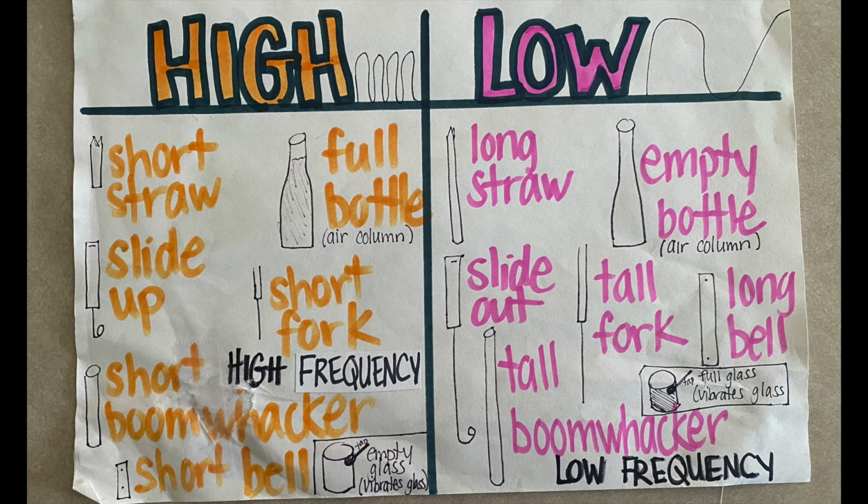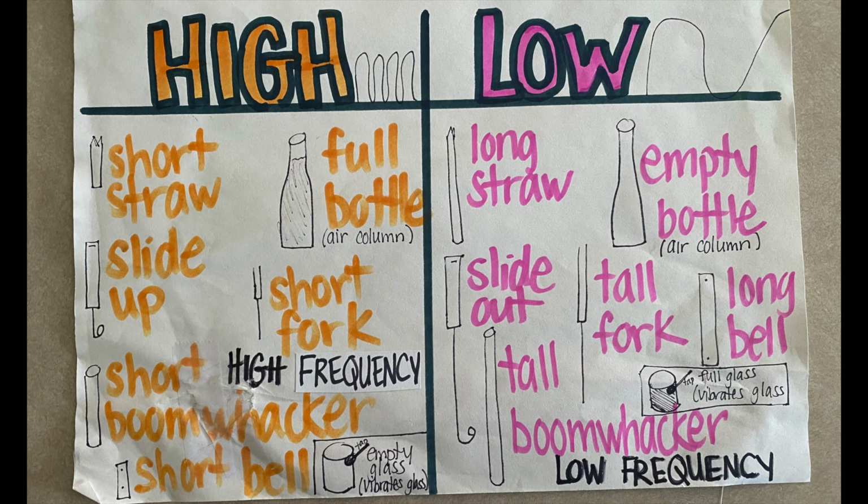A low pitch was produced with a wavelength that has a low frequency, or it's very spread out. We made low pitches with a long straw, our slide out, a tall boomwhacker, an empty bottle, so that had a very long air column, a tall fork, a long bell, a full glass, and also the longest panpipe.